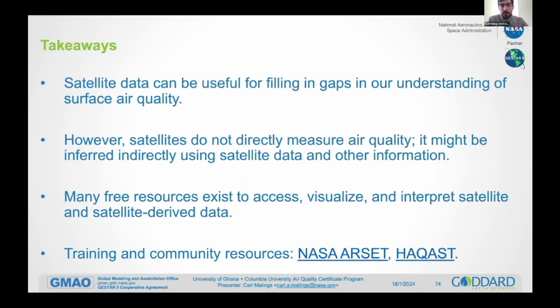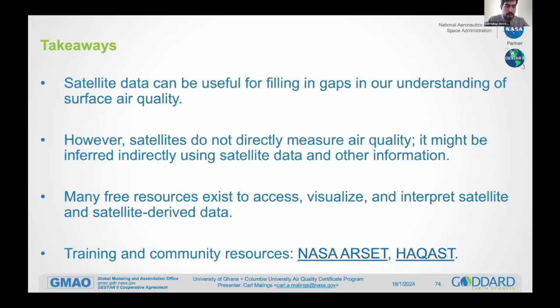They're being inferred indirectly from, for example, the effects that these are having on light passing through the air. So there's this indirect process of inference, which involves making assumptions and using models and making empirical relationships between the two, which can be useful, but it is, again, not a direct measurement. So you always have to take it with a little bit of caution.